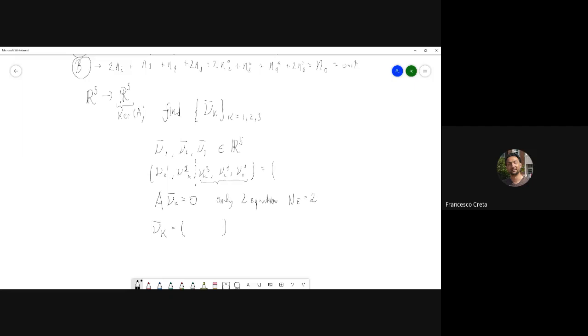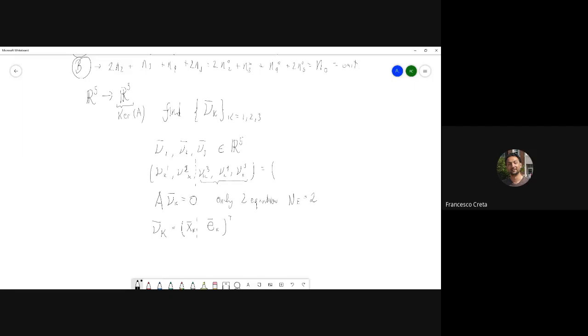By canonical basis, I mean 0, 0, 1, 0, 1, 0, and 1, 0, 0. So in fact, I can call the first 2 components a vector xk, and the rest of those components, the canonical basis.